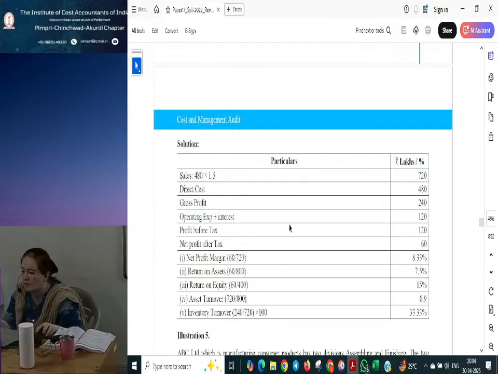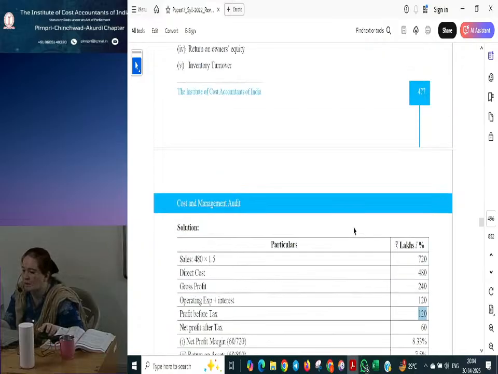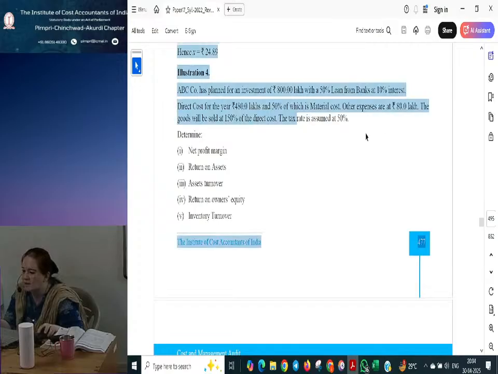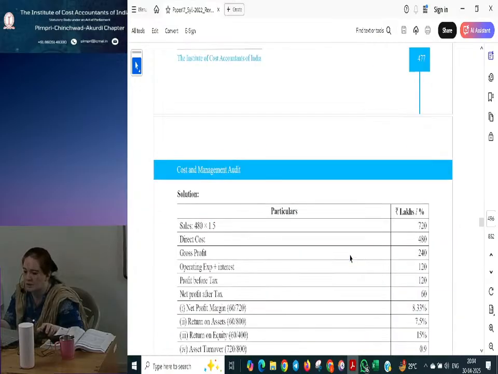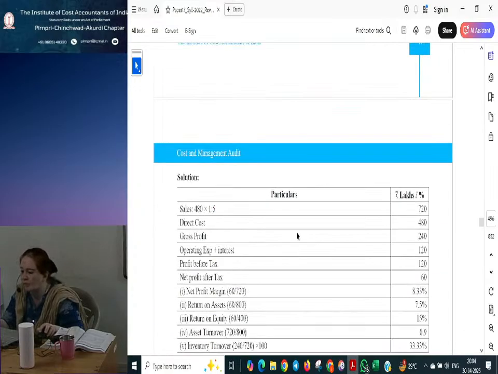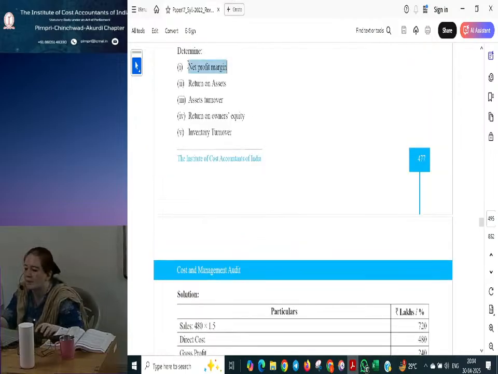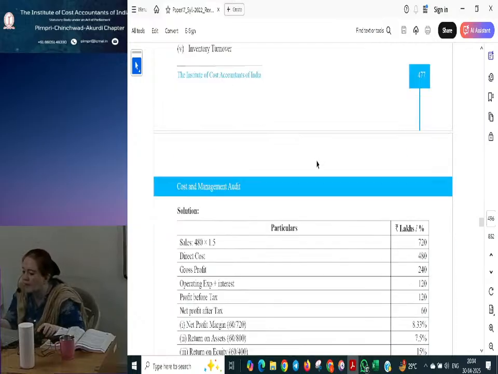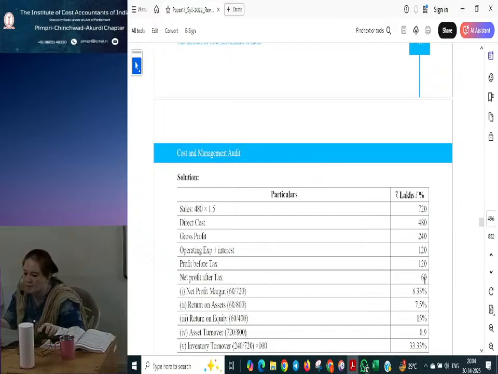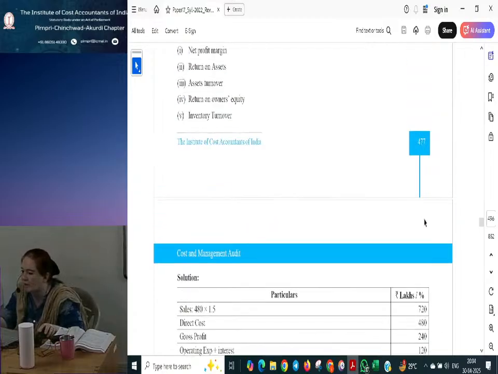So your profit before tax is 120. What is your tax rate? 50%. So 60 is going to be your net profit. Now it is simple. How is net profit margin calculated? Whenever we talk about profitability ratios, your denominator will always be sales. So net profit upon sales, which is 60 divided by 720.